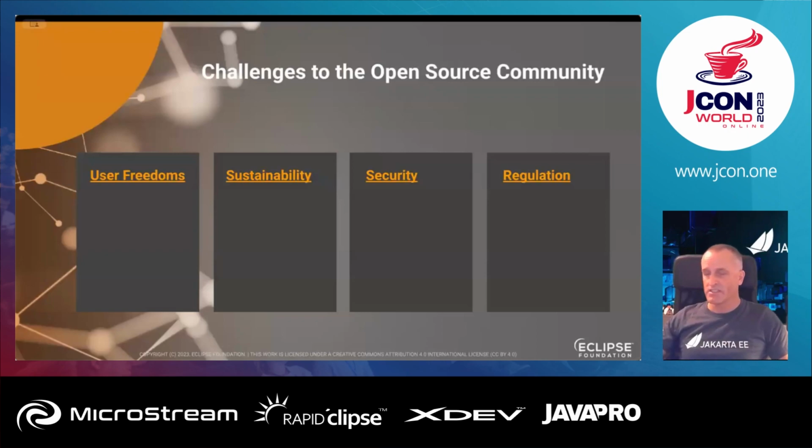These challenges are like the usual ones about user freedoms, which are addressed by the open source principles and the licenses. We have the sustainability challenges, which are addressed by open source foundations and the structure around them. You have security. We have all these regulations coming in. So all these are challenges that the open source community in one way or the other will have to address.